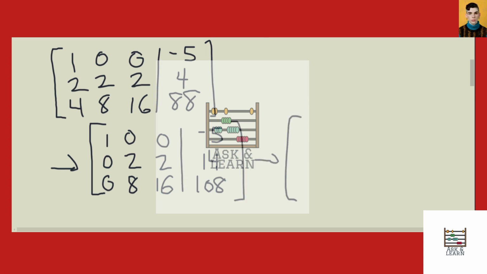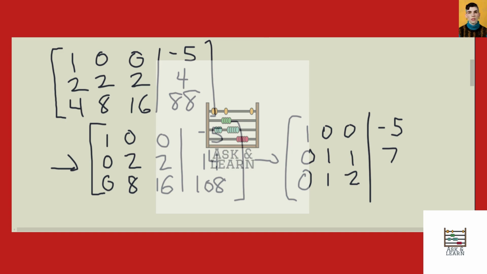This reduces to the matrix 1 0 0, and dividing row 2 by 2, we get 0 1 1 7, and dividing row 3 by 8, we get 0 1 2 and 108 divided by 8.